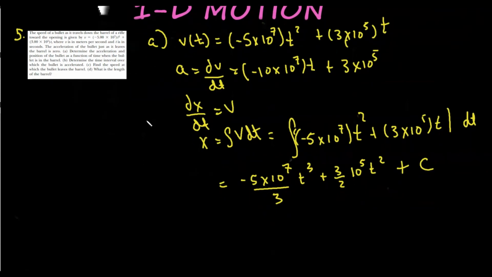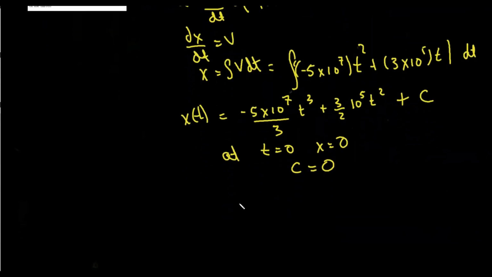So we know some initial conditions here. At time 0 the position is obviously 0, so if we plug in t equals 0, x equals 0 into our equation and solve for the constant, the constant will be equal to 0. So this is our actual position function.